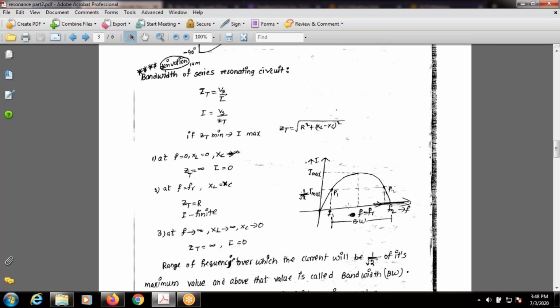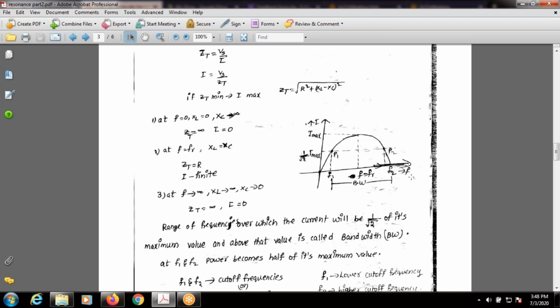Now the bandwidth says that it is the minimum guarantee during these frequencies. The x-axis is frequency, with units in Hz. During this entire bandwidth, the receiver receives at least 50% of the power. These are called the half power points or 3 dB points, at which the current is 1 by root 2 of its I maximum.